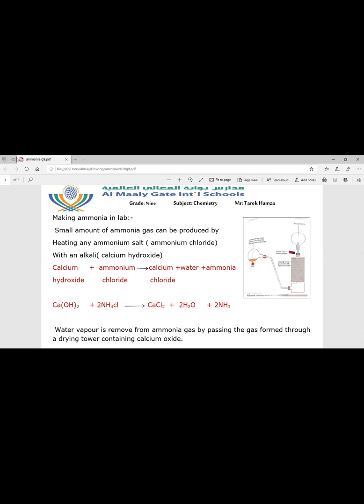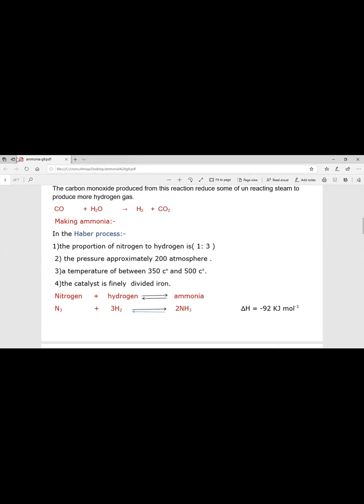We reach this result by many trials, not at once.